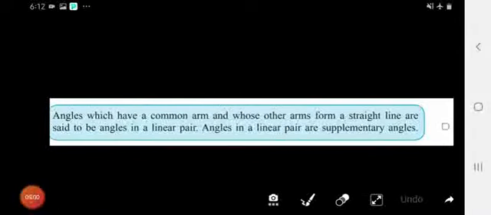So angles in linear pair can be defined as angles which have a common arm and whose other arms form a straight line. The angles in linear pair are always supplementary, meaning their addition is 180 degrees.